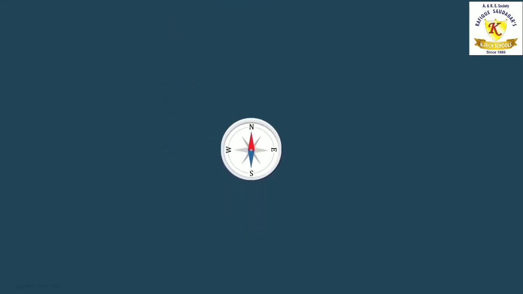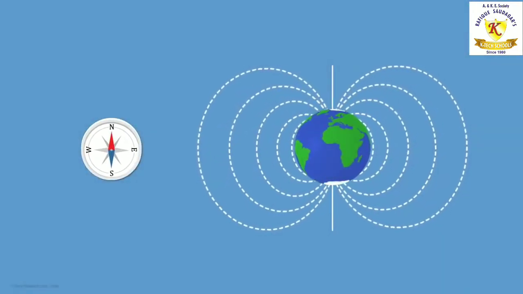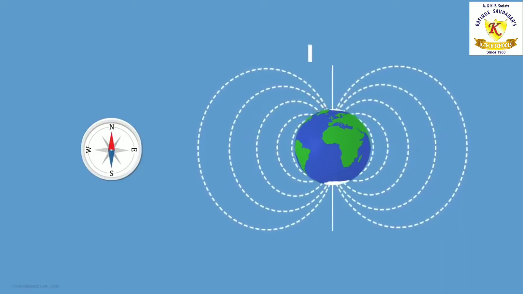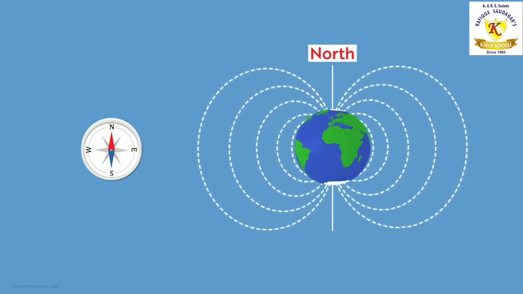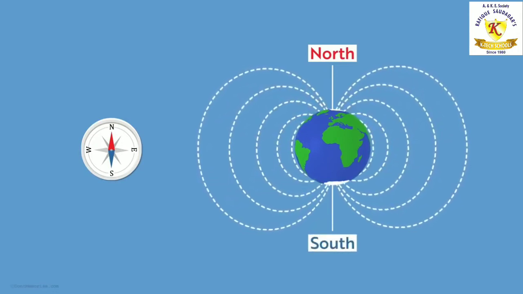Now, we know that if we keep this compass at rest away from any other magnet, then it will align itself in the direction of Earth's magnetic field. That is, the red part will point in the north direction while the other part will point in the south direction.